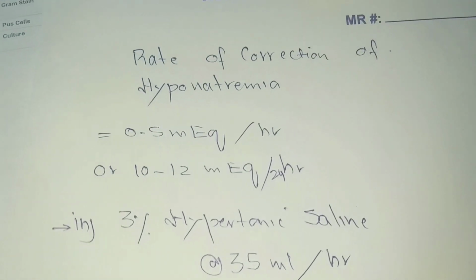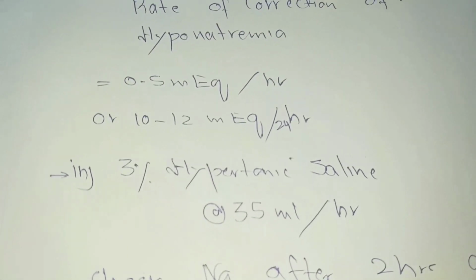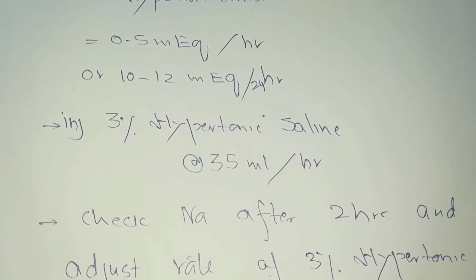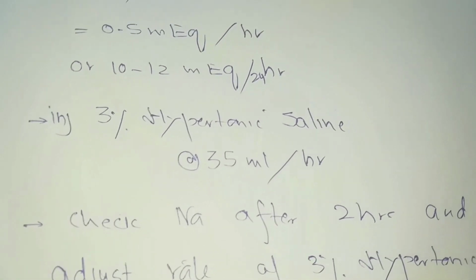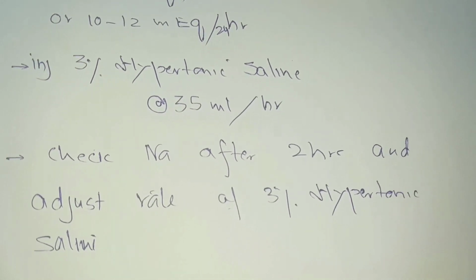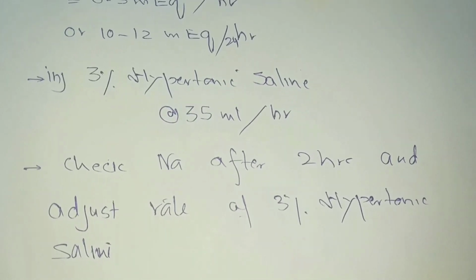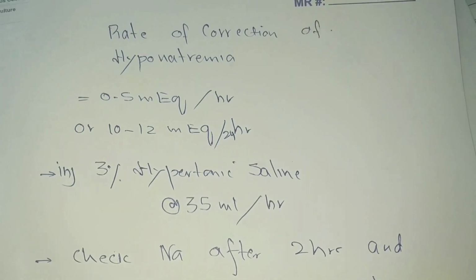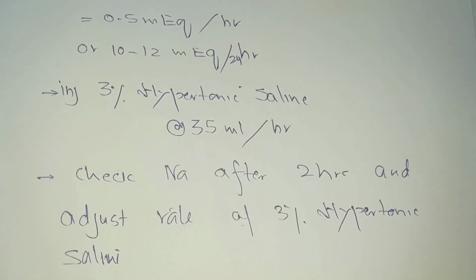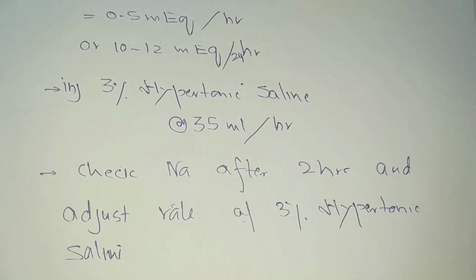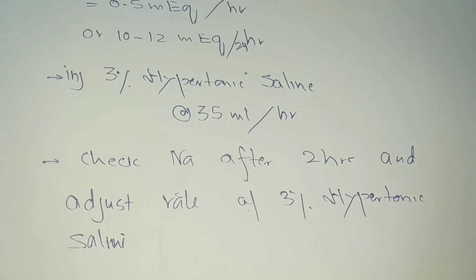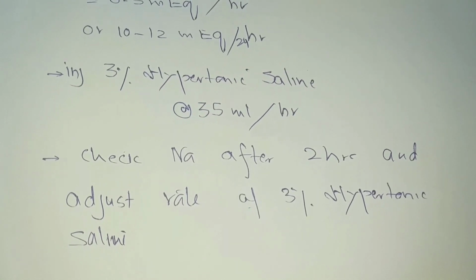In order to achieve this target, 3% hypertonic saline is started at a rate of 35 ml per hour, and we need to check serum sodium after 2 hours and then adjust the rate according to the level of the serum sodium. Serum sodium should not be rapidly overcorrected, because in that case the patient will develop the central pontine myelinolysis, or the breakage of the myelin sheath, especially in the area of the pons, but it can also involve the extrapontine areas.